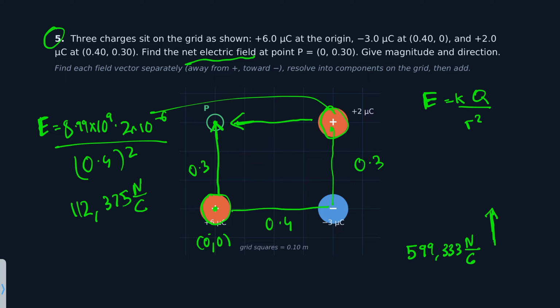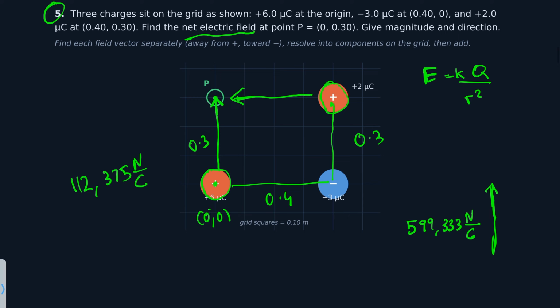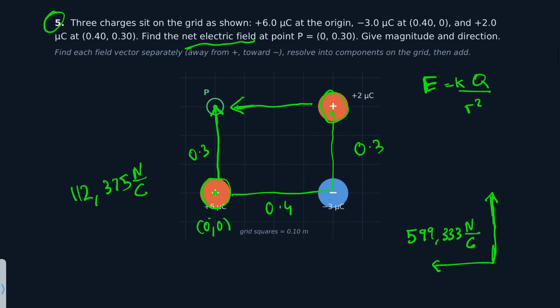Okay, and then from that, so that's going to be our field. Actually, let me just draw it here as well. Okay, make this a bigger vector so you can see. It's going to be leftward, okay? All right.